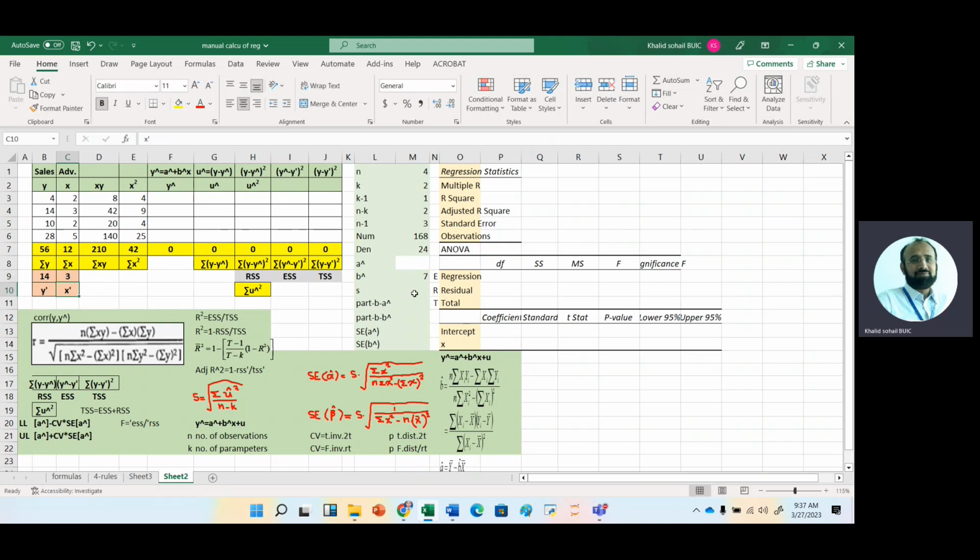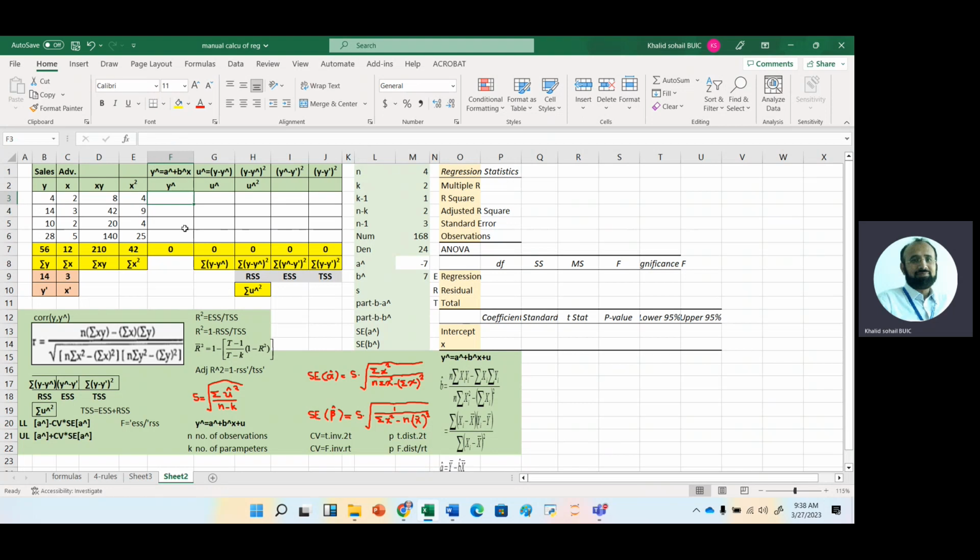Now we calculate alpha hat with the help of the formula y bar minus beta x bar. Here y bar is 14 minus beta that we have calculated earlier, multiplied by x bar, that is 3. So it is minus 7. And now we calculate y hat.